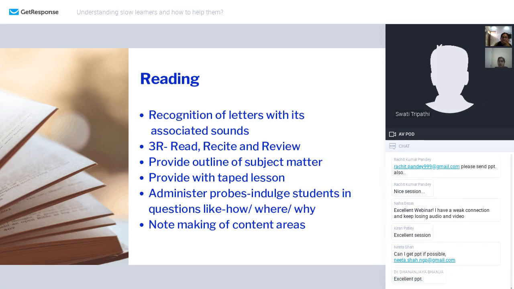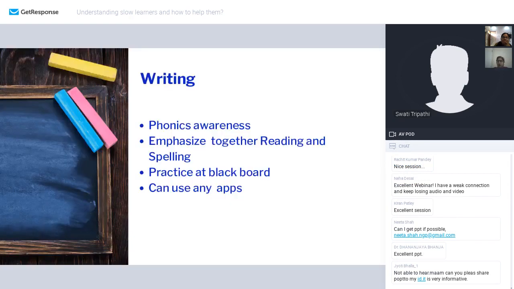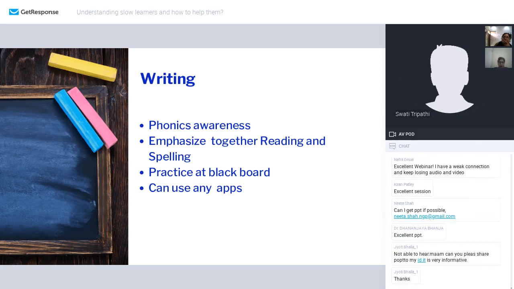When we work on the phonics, we can tell them when it sounds like per, you have to write P, or when it sounds like ter, you have to write T, and so on. You can also help them by breaking long words, like hippopotamus can be broken into hip, PO, then pota, and mus.